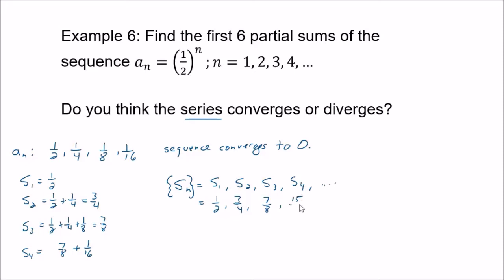What do you think this is going to converge to? Or do you think that this sequence converges? I hope you do. Let's see, the fifth one would be 15/16 plus the next term, which is 1/32. So that's 30/32 plus 1/32 is 31/32.